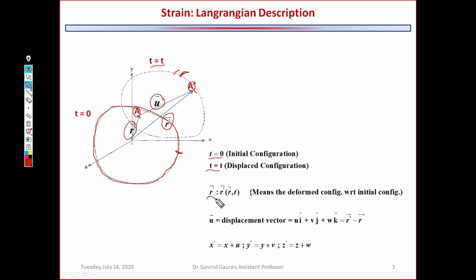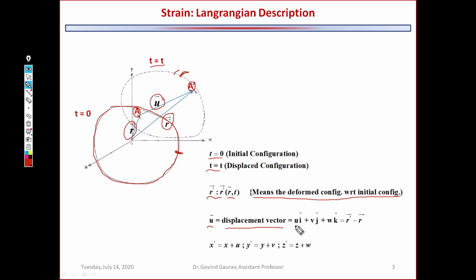r dash is equal to r dash of r comma t. This means that the deformed configuration is with respect to the initial configuration. So whenever we define things in terms of the Lagrangian description, we always refer to the initial state of the body. u is the displacement vector. Now how do we define the u vector?